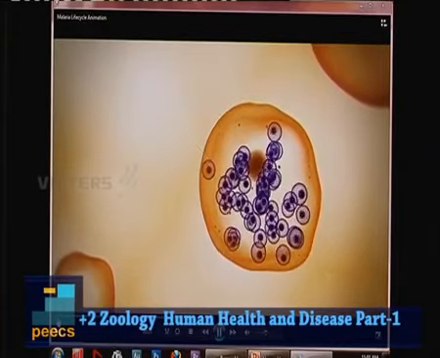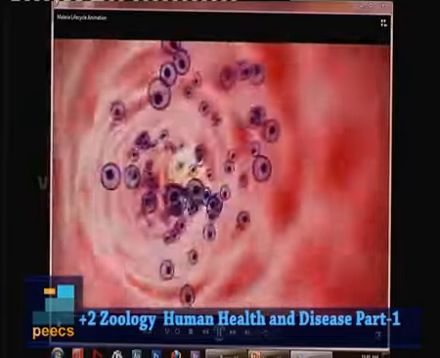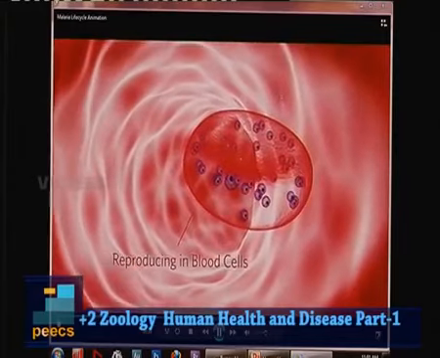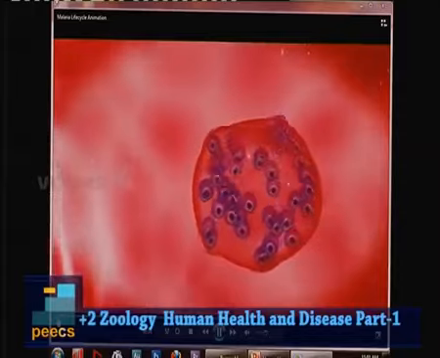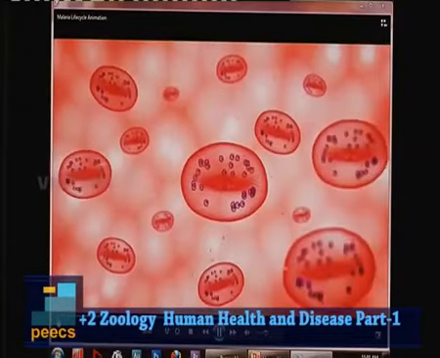You can see here they are coming out from the liver cell, and these cryptomerozoites are moving to enter into an RBC, and within the RBC again they are undergoing asexual reproduction, and more RBCs are getting affected by this phenomenon. You can see here.